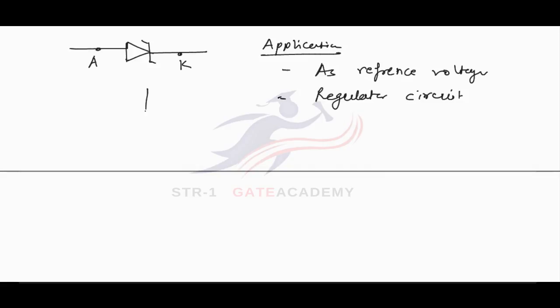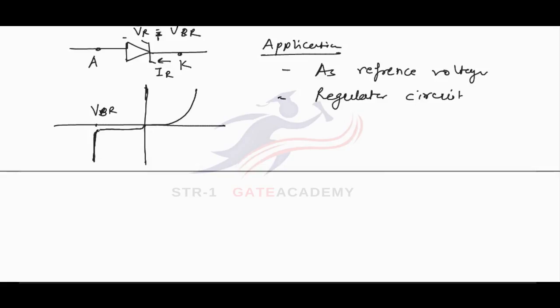Now VI characteristics of this Zener diode will be like this. In forward bias it will operate like normal PN junction, and in reverse bias the voltage across the diode, VR, will increase with the supplied voltage up to a certain value, that is VBR. When VR equals VBR, the voltage across the diode will remain constant and the current through the diode will increase with supplied voltage.